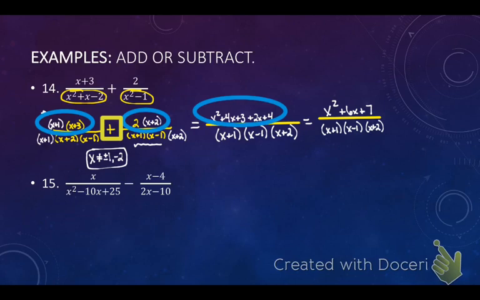So two numbers that multiplied together give me 7 and add to give me 6. So no. Okay? If it doesn't factor, then that means I can't cancel anything. I'm just going to tack on at the end that x cannot be equal to plus or minus 1 and negative 2.